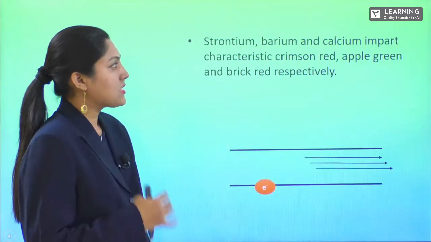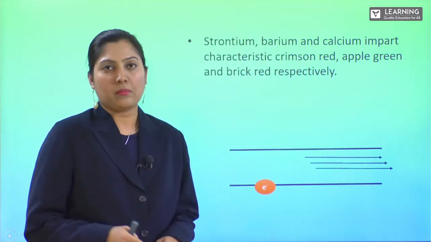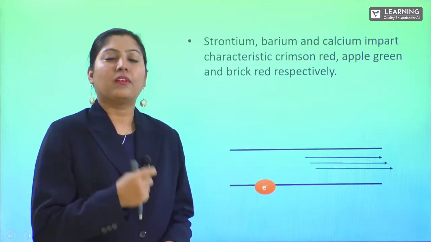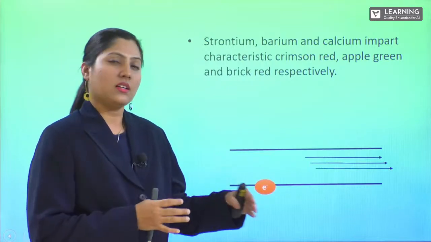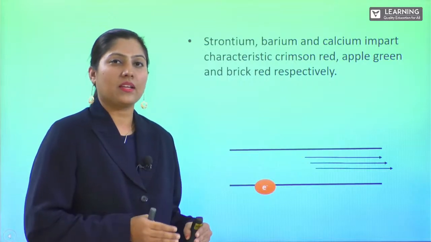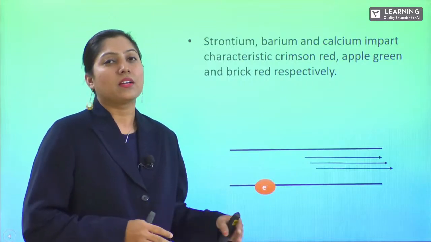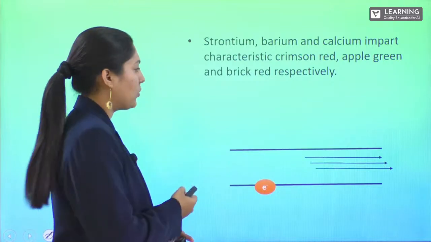Next, we have one of the main things, as we saw in the first group elements, the flame test. They will give you the variant flames, right? Similarly, in the second group also, strontium, barium, calcium give characteristic flames when held in the flame.